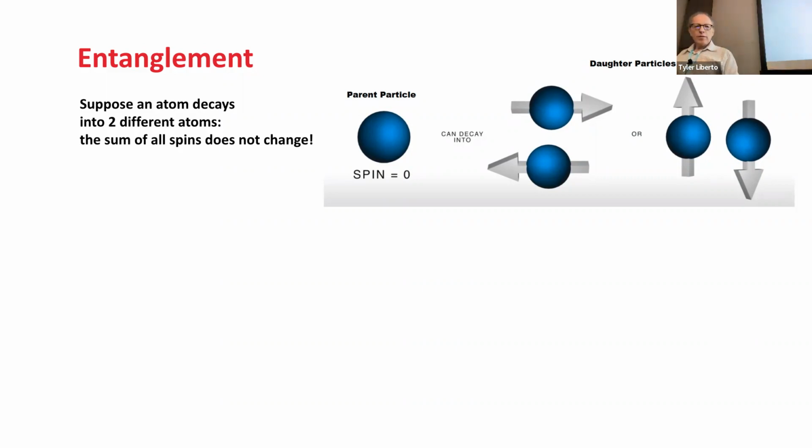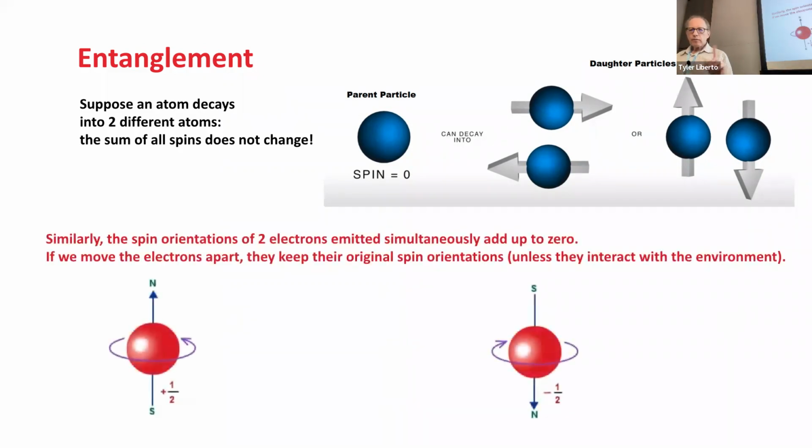So we can use this behavior by moving these daughter particles apart. And still they show up, let's say, one in the upward direction, one in the downward direction, because the sum has to be 0, as long as they don't interact with matter around them.